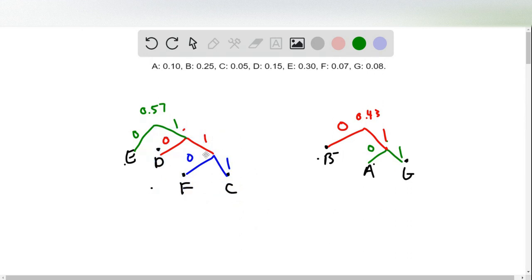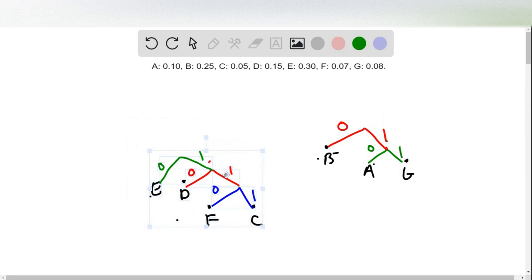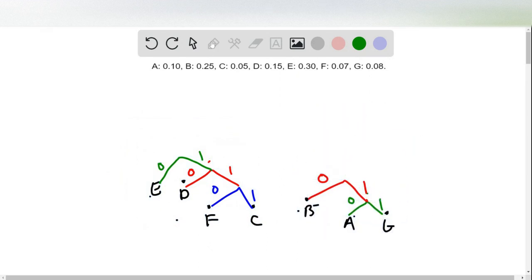Then we need to compare these two, and well, 0.57 is larger than 0.43, so that means we would go ahead and keep this on the left and keep that on the right. And then if we add those frequencies up, that should just give us 1. So let's just go ahead and get rid of those frequencies. All right, so that tree that we should have should look something like this here.